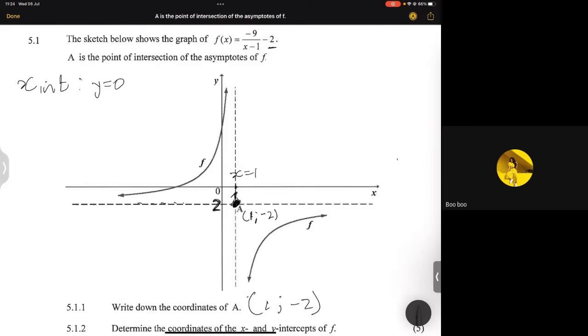So it means that I'm going to say the graph of minus 9 over x minus 1 minus 2 is equal to 0. All right, let's try and work that out. So this is simply going to be minus 9 over x minus 1 is equal to 2. So I took the 2 to the other side, okay? And then what do I do? I cross multiply.